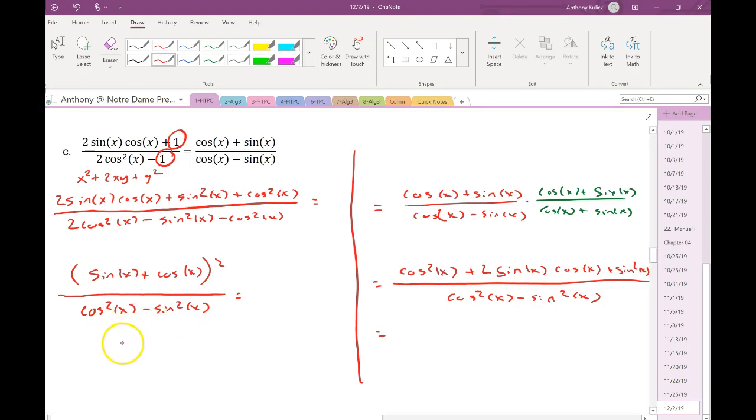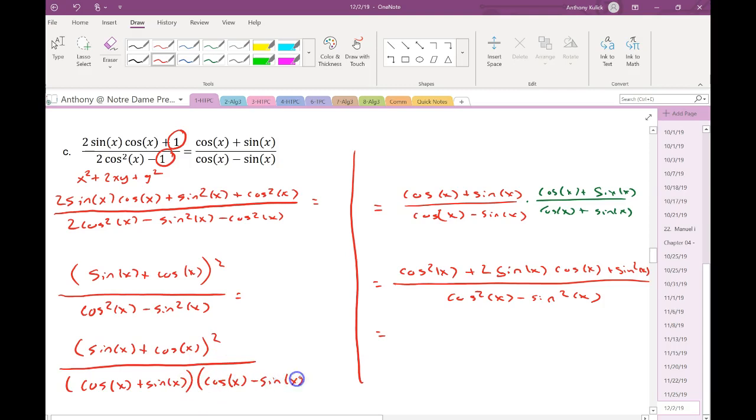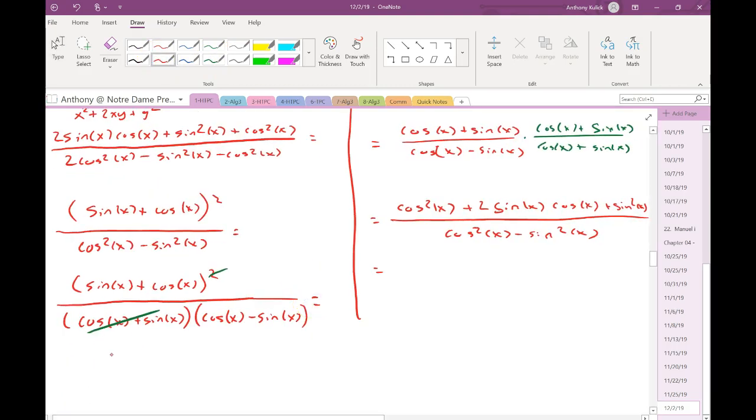So back to doing the left-hand side. The denominator on the left-hand side, I notice is a difference of 2 squares. So I can factor that. Where I notice that those guys cancel, and I'm done.